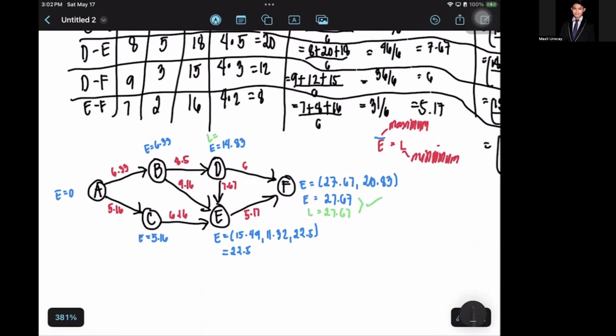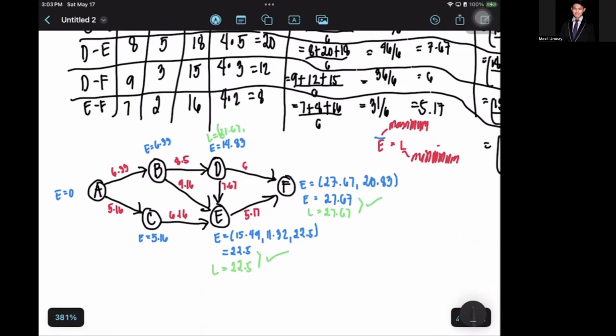There will be two L's here actually. Then we calculate F to E. Your F is 27.67 minus 5.17. Your L right now is 22.5. That means they are equal, so we can choose that path later on.